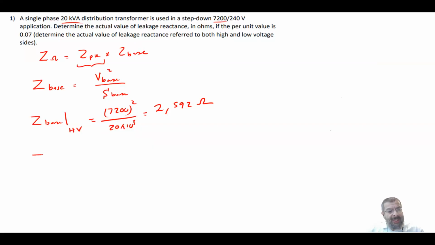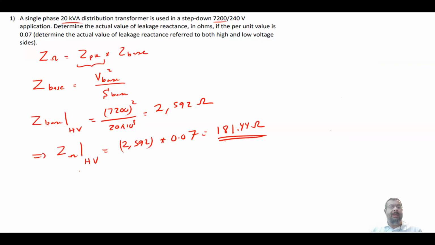From this we can find the Z in ohms referred to the high voltage side, which is equal to 2592 times 0.07, and this will give me 181.44 ohm.